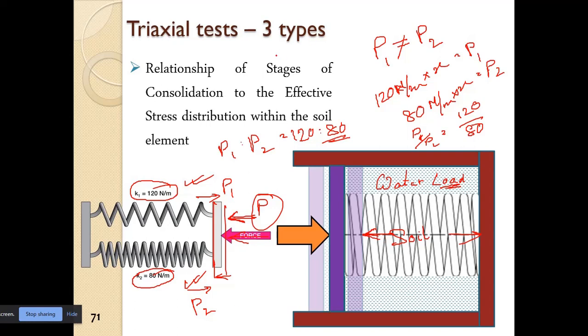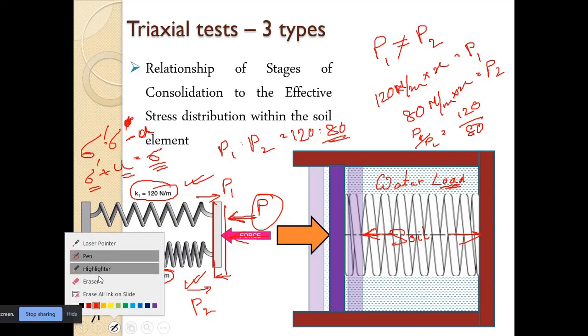So we can write total stress is equal to effective stress plus pore water pressure, or in other words, effective stress equals total stress minus pore water pressure. In other words, effective stress plus pore water pressure is equal to the total stress. So the stresses in the soil plus pore water pressure is equal to the total applied stress.